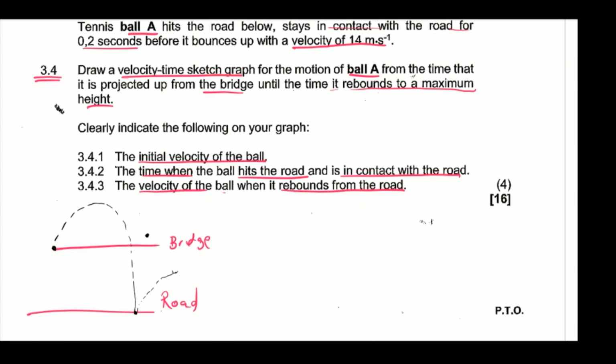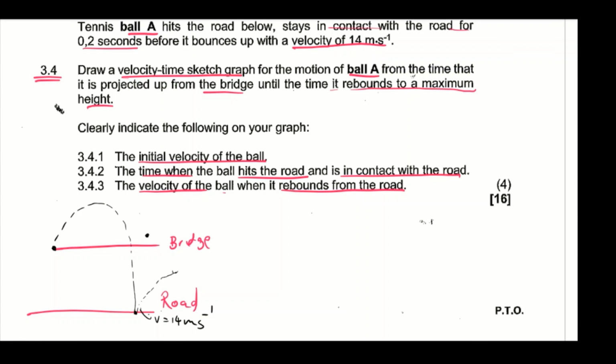So when it started bouncing and going up, the velocity started being equal to 14 meters per second, right? We're most interested in finding the final velocity after it was in contact with the surface.